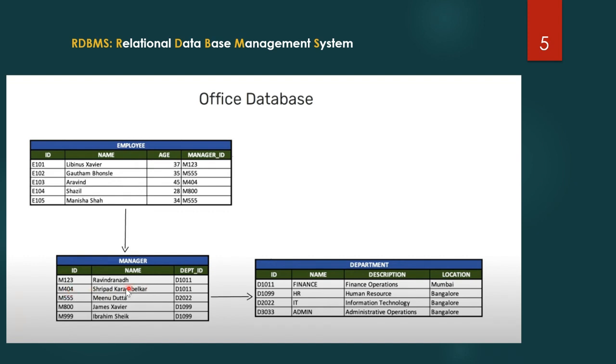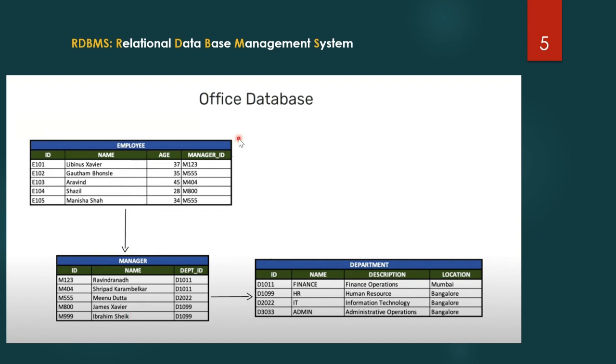Who is that? That gives me information about which department this manager works in: D1011. I come to D1011. He works in the finance department, the description is finance operations for the company, and the location is Mumbai. This is the information it will show me. You will see it in one line in the future.